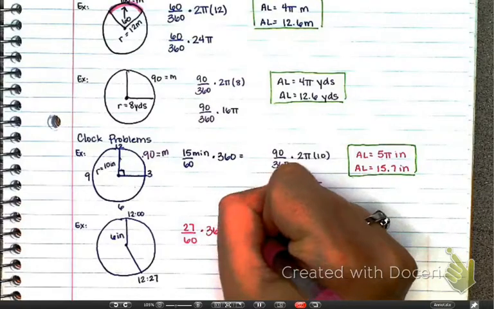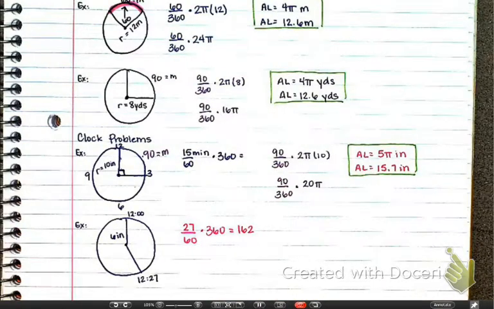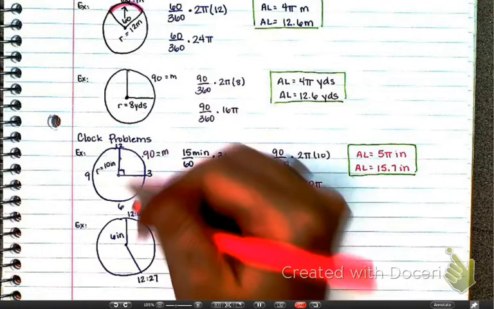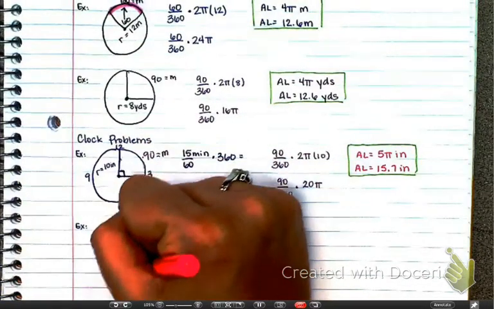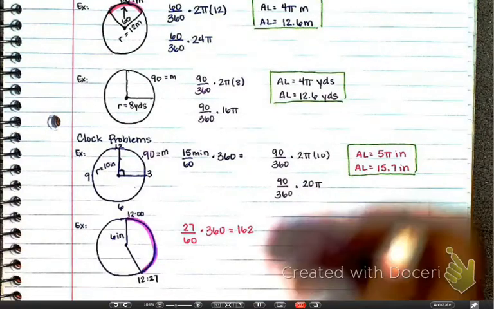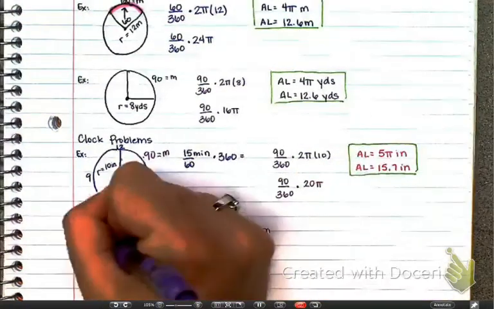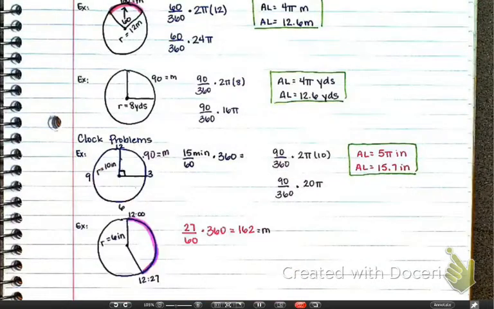162. We said it was between 90 and 180, right? We know it can't be more than 180. Now that you know your degree, I want you to find the arc length. So you're finding this arc length. Take your measure, which is this here, so the 162, and take your radius and find the arc length.